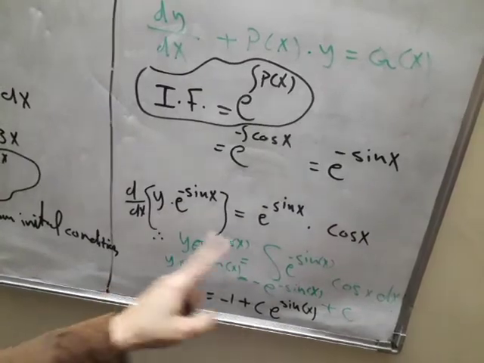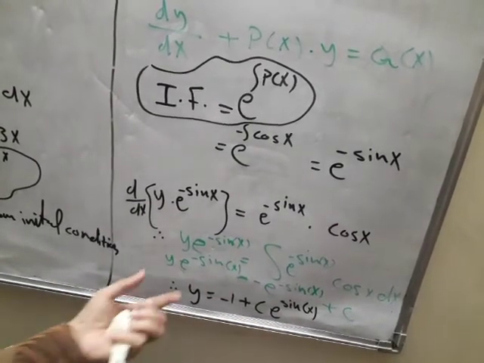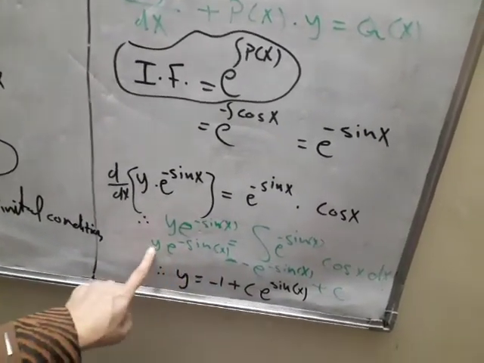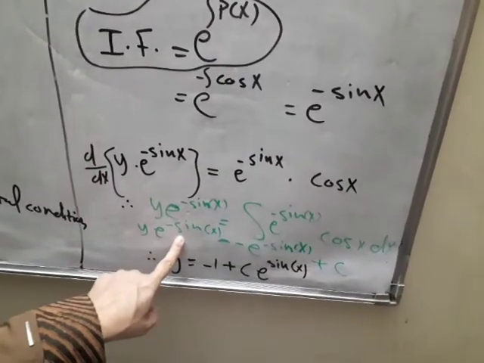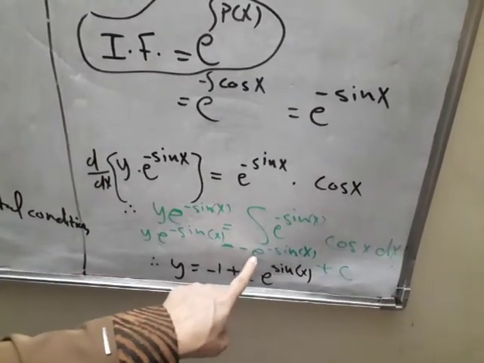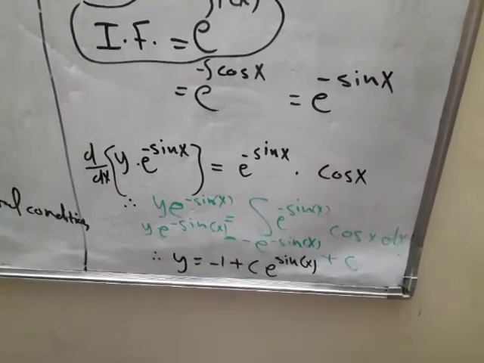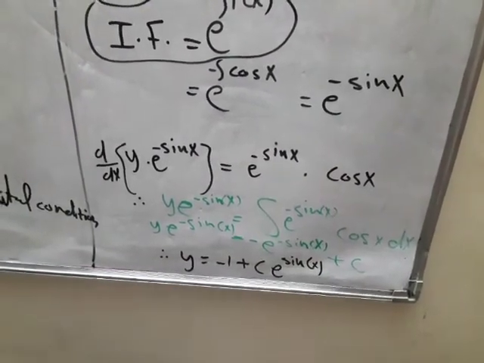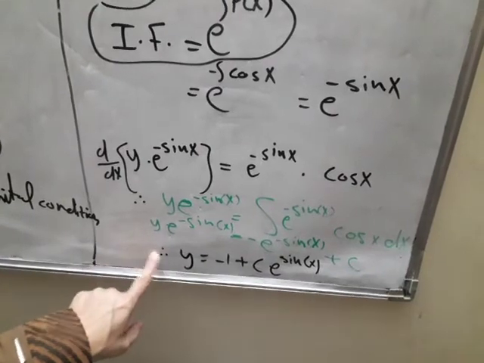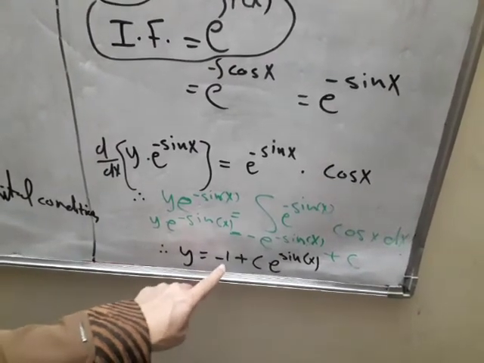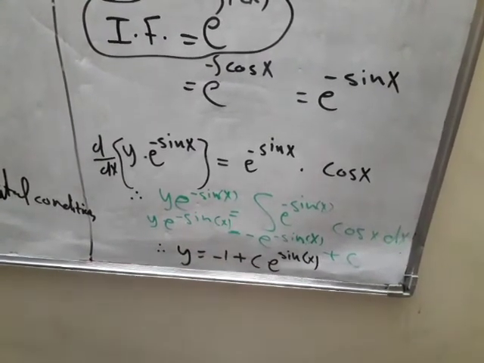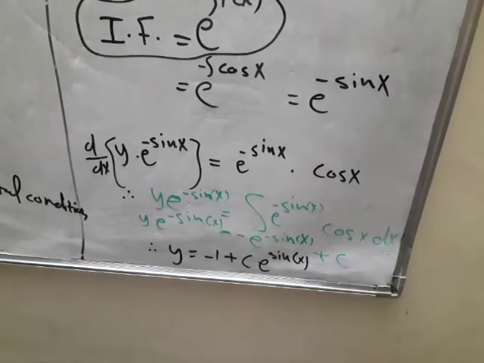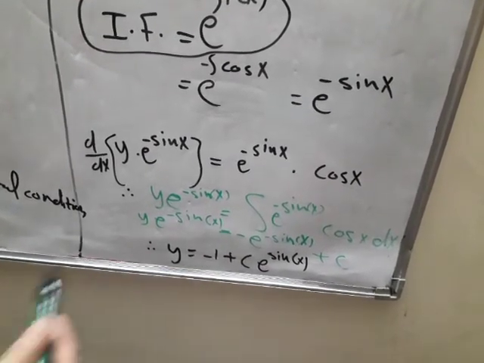Then integrating both sides, we get y multiplied by e to the minus sine x equals minus e to the minus sine x plus c, and again c appears because of the unlimited integral. The final solution is y equals minus 1 plus c multiplied by exponential sine x.